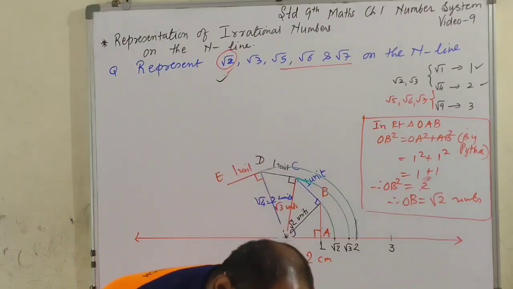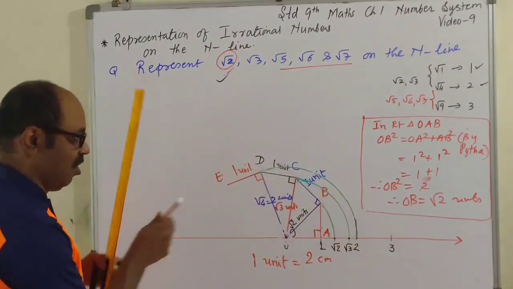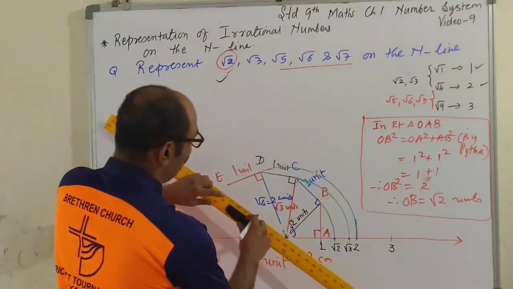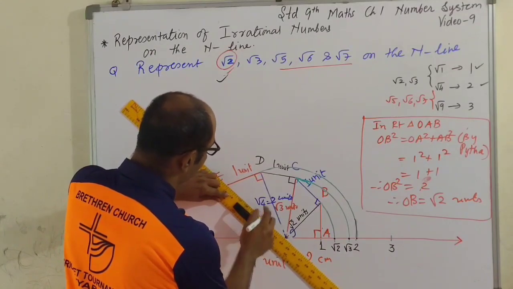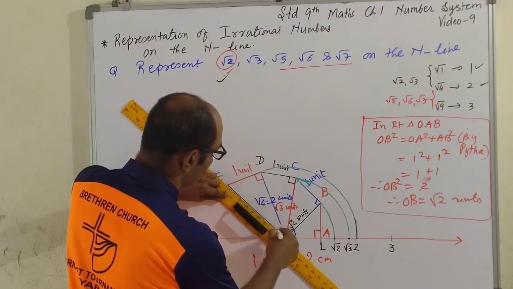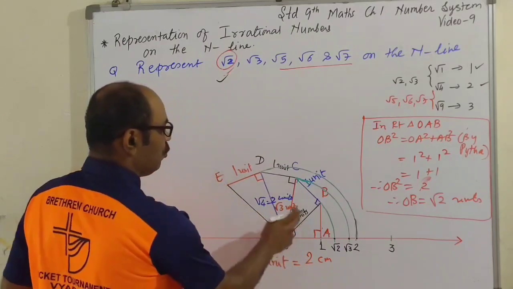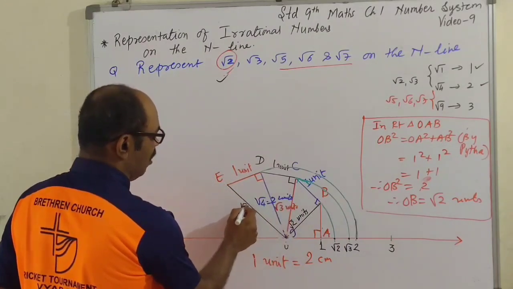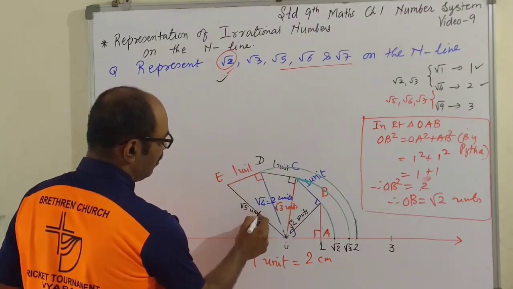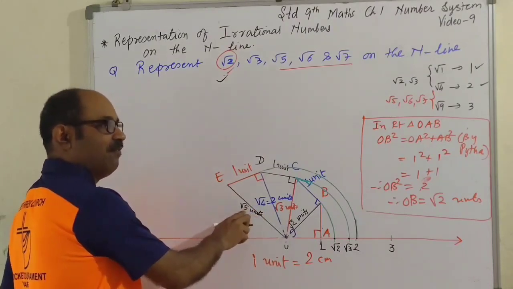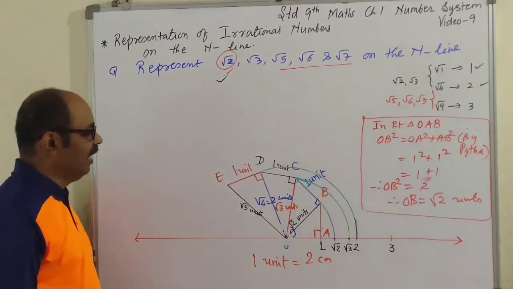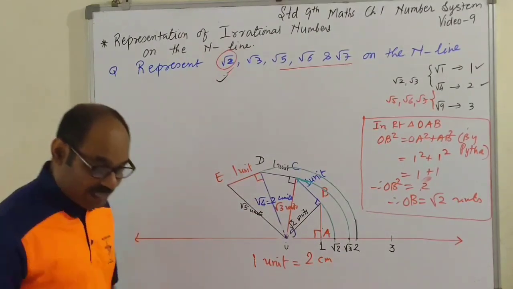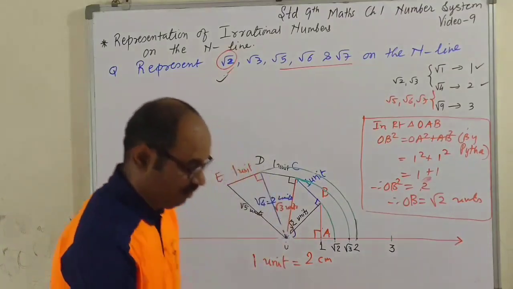This is right angled triangle. So now what you are getting? Hypotenuse of length root 5 units. Correct, children? Root 2, root 3, root 4, and now root 5 units. 5 is non-perfect square, so बाहर कुछ नहीं निकलेगा, root 5 ही रहेगा. Got it? Okay? Now projection of root 5 on the number line.